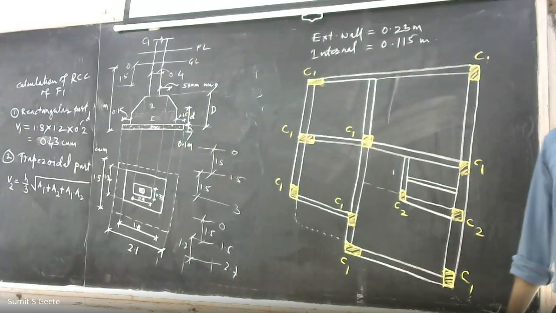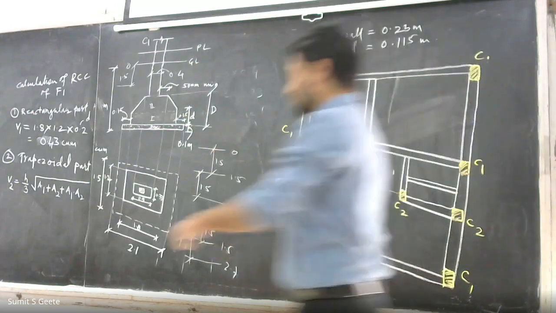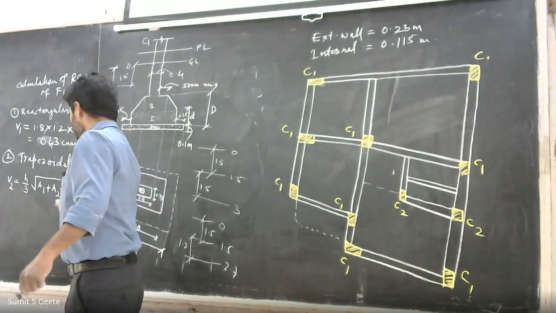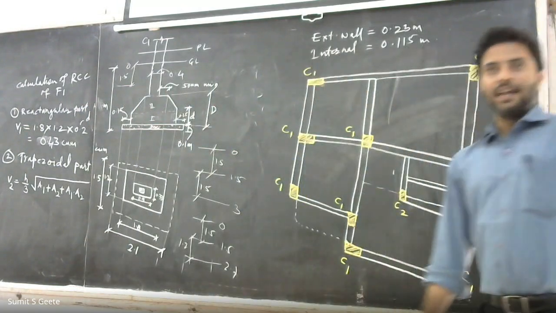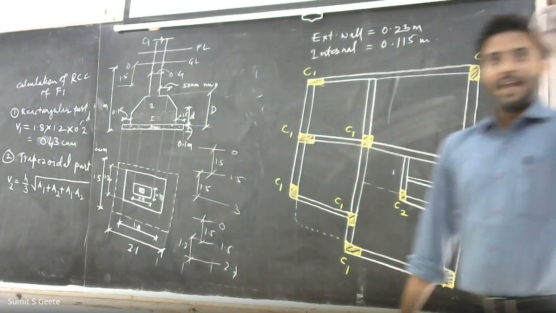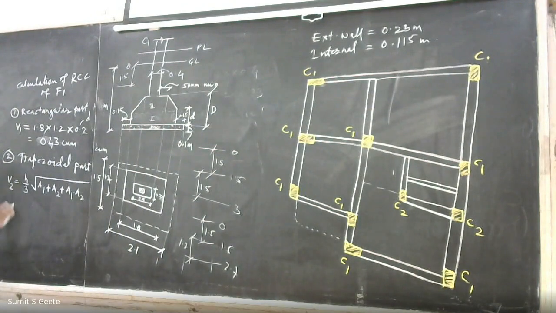Clear? V2 is equals to H by 3 under root of A1 plus A2 plus A1 into A2. Now what exactly are A1 and A2? So A1 is area, you can say plan area of trapezoidal at the base.